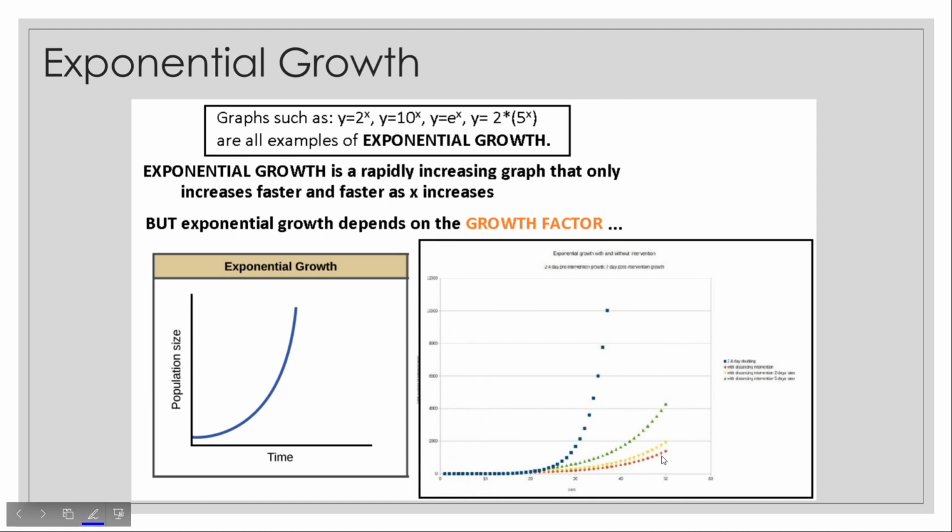There's a big difference between this orange graph versus this blue graph. And over time, we're starting to get closer and closer to the point where it's not even exponentially growing anymore. And eventually, it'll start exponentially decaying. But we'll talk more about that later.